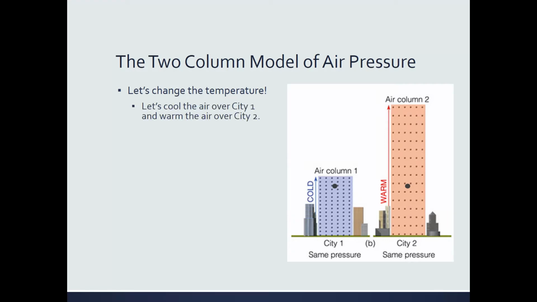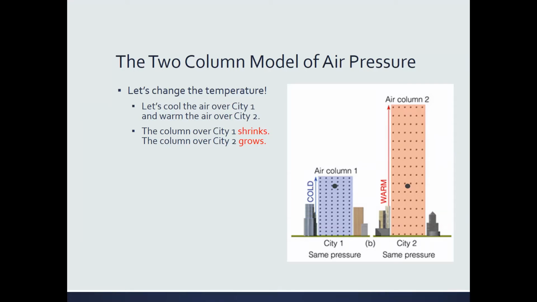Well, what actually happens is when you cool the air over city 1, that causes that column to shrink. It becomes a shorter column. On the other hand, when you warm column 2, that causes the column to expand. So column 1 shrinks, column 2 grows.